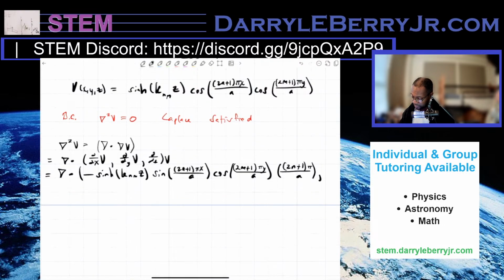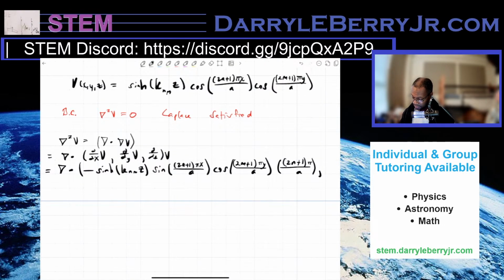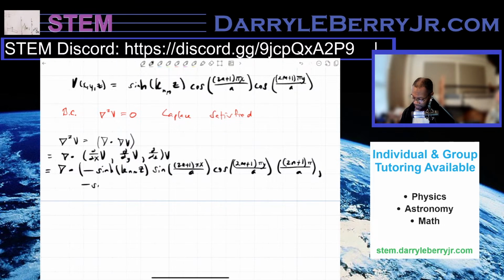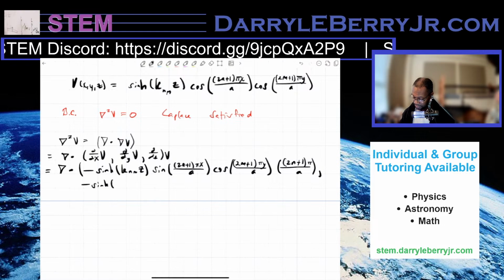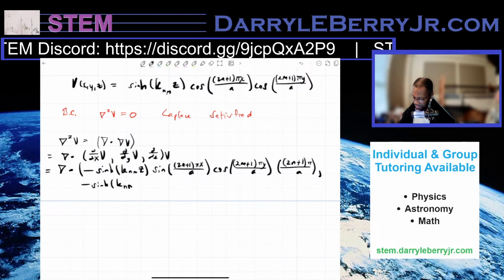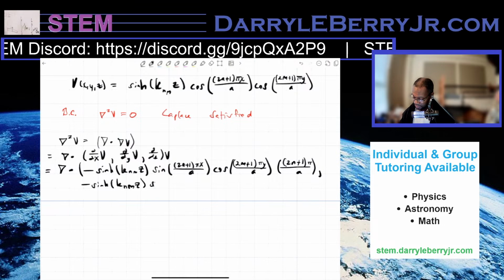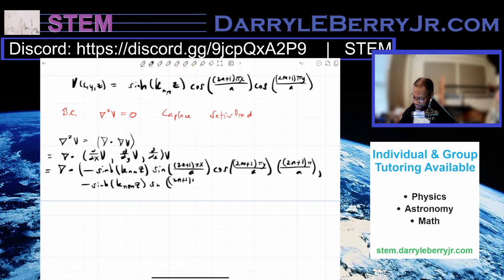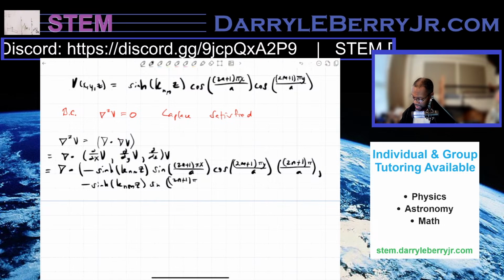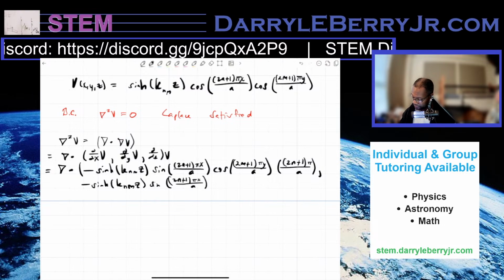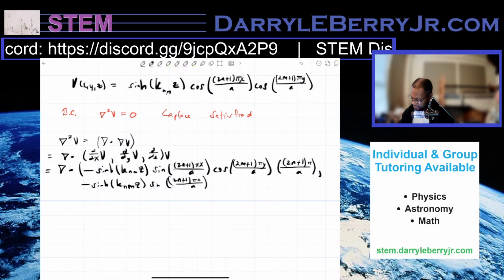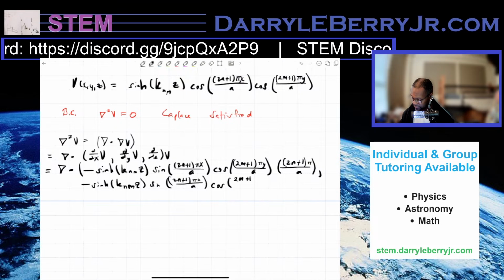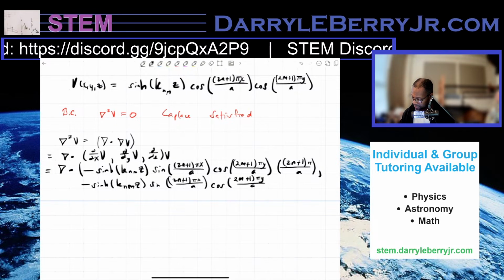To take the partial derivative with respect to y, this will also be negative hyperbolic sine of k_nm z, sine of (2n plus 1) pi x over a, and cosine of (2m plus 1) pi y over a.